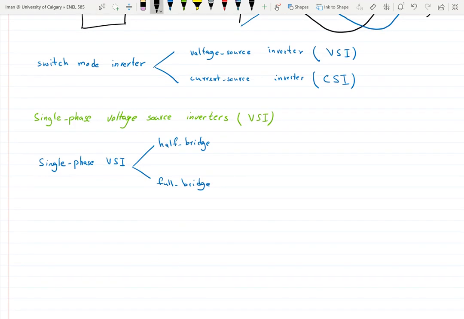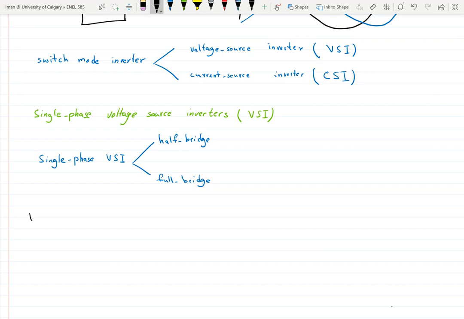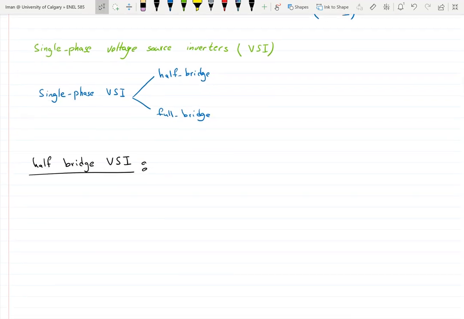Okay, so let's look at half bridge. It's different modulation schemes that we can perform. So first of all, let's look at the topology.